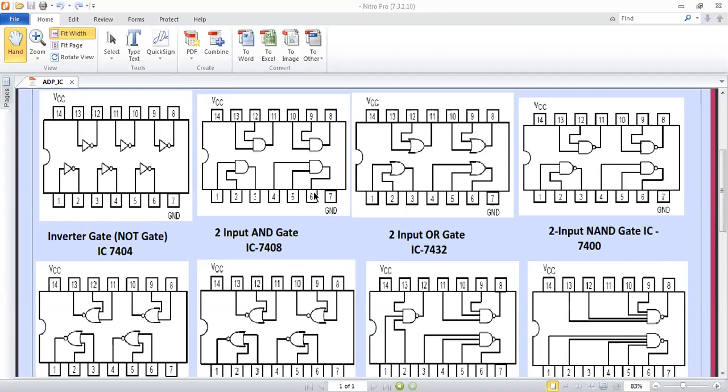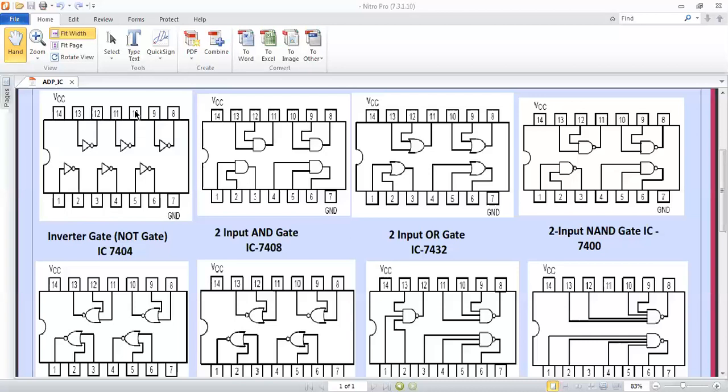First of all, each and every IC has a total of 14 legs, and we start from the curved notch. The left side of the curve is called pin number 1. Next is pin number 2, 3, 4, 5, 6, 7. Then on the other side 8, 9, 10, 11, 12, 13, 14.